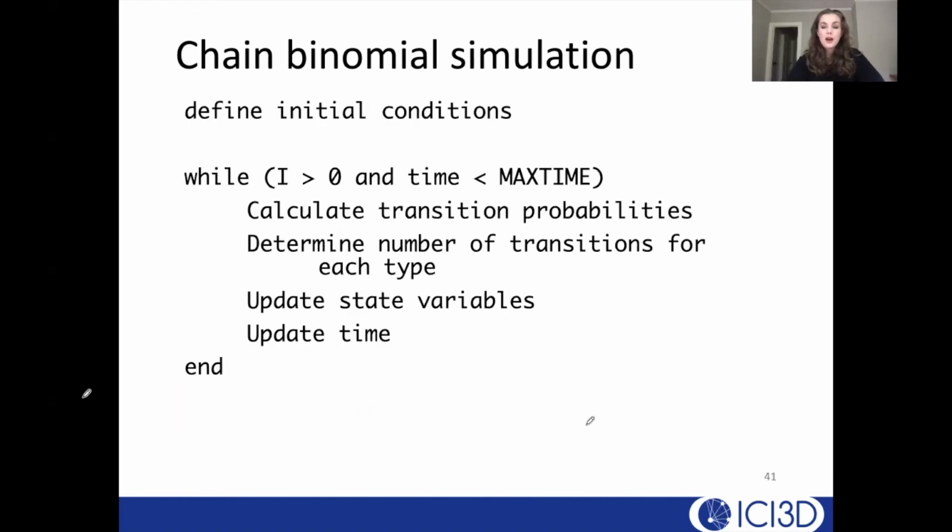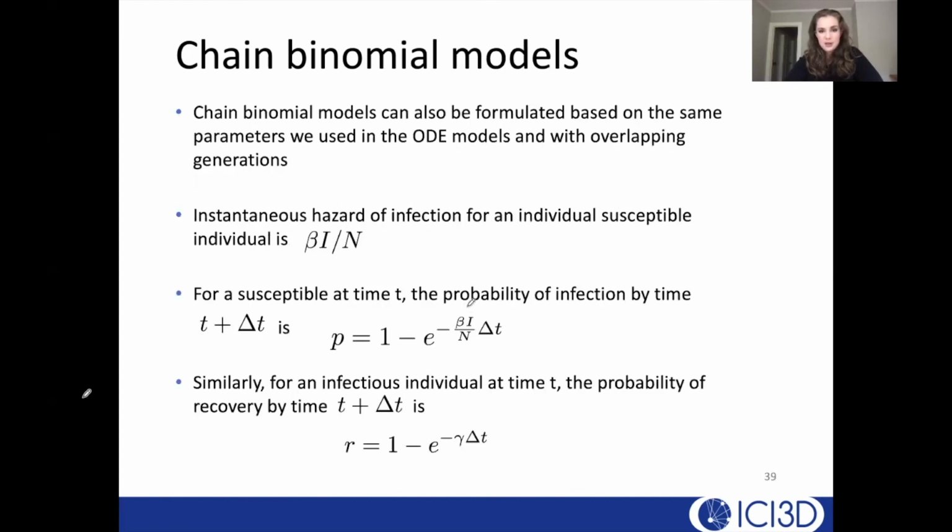So I'm showing another example of pseudocode here. It looks similar with minor adjustments. So again, define the initial conditions at the beginning, and then there's a while loop while we're meeting those conditions of having infectious individuals still around and we haven't hit our maximum time. We calculate the transition probabilities, which are state dependent, as we see.